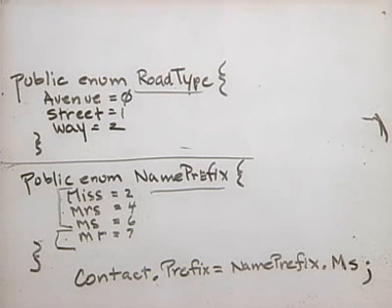Well, this allows me to provide a nice, neat way of expressing a group of values or a group of options. Here we have a contact person, and we're setting the prefix property equal to, and now we have a name prefix enumerator that the user can use to express the prefix or to change or set the prefix property.